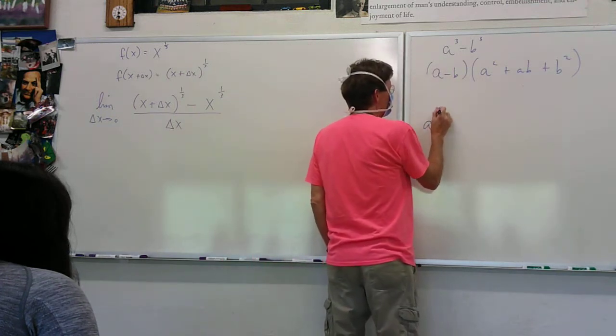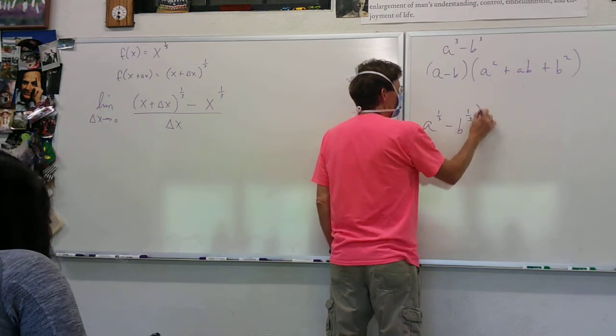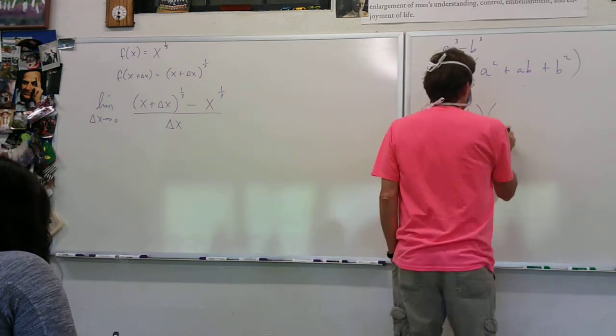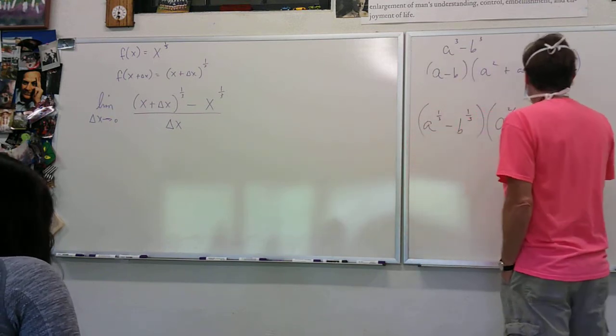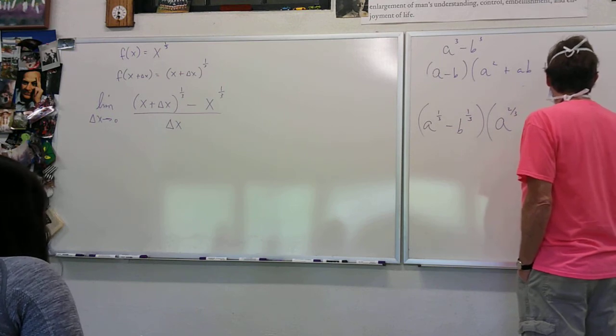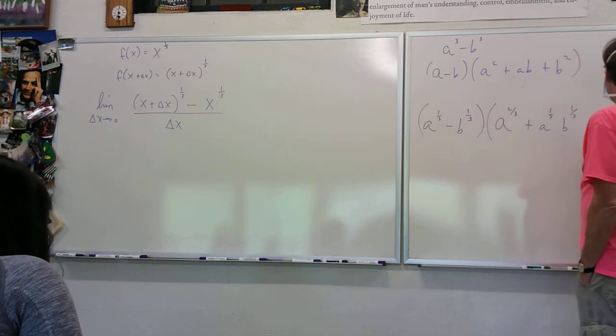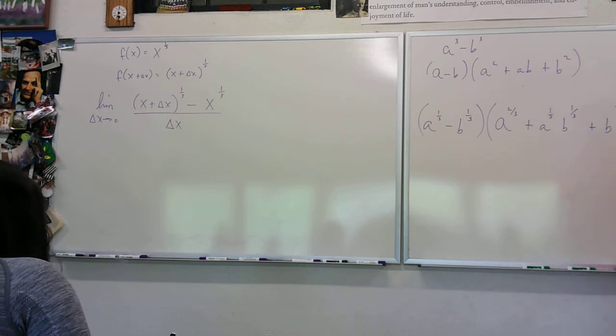A to the 1/3 minus b to the 1/3 times a to the 2/3 plus a to the 1/3 b to the 1/3 plus b to the 2/3 equals a minus b.